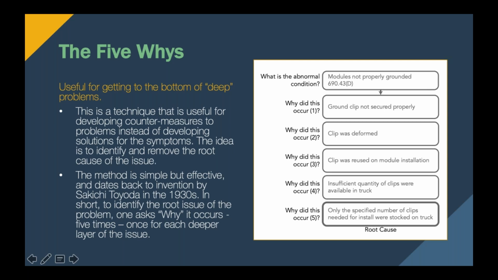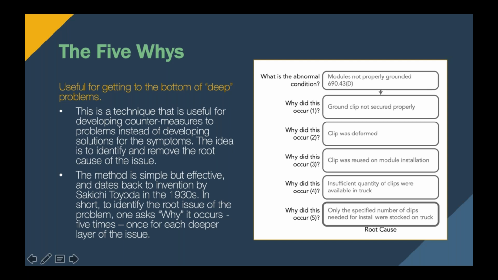I think that this is the most brilliant method of problem solving that has ever existed, because it really gets to the root of things. One of my favorite root cause analysis techniques is called the 5 whys, and it is a technique that's useful for developing countermeasures.